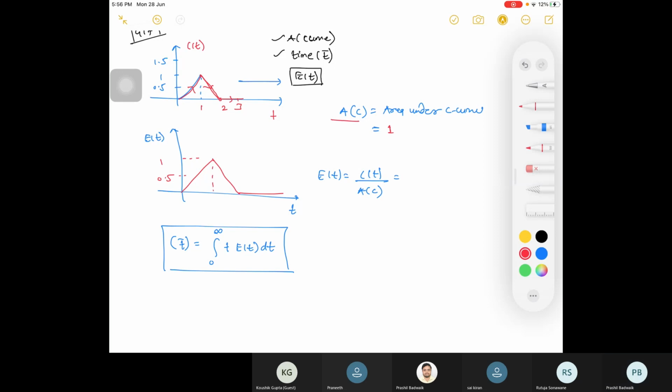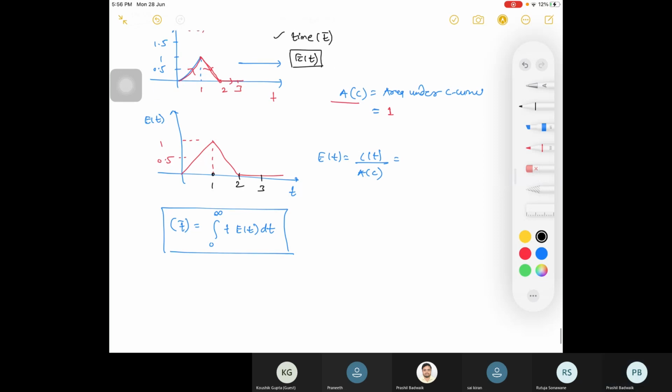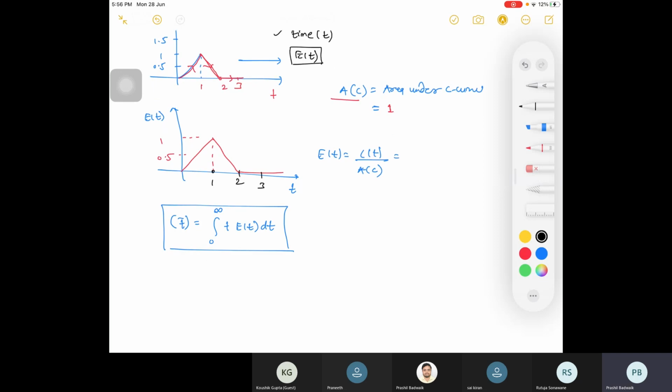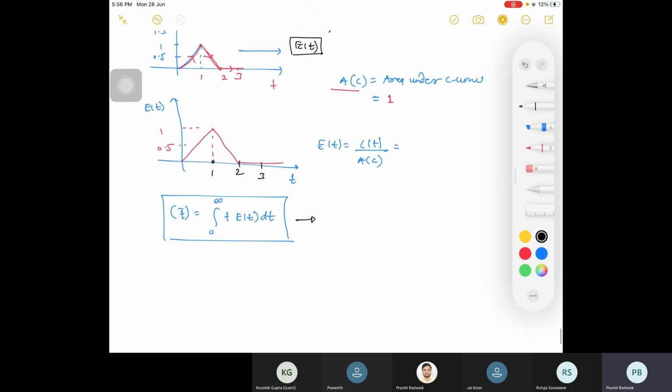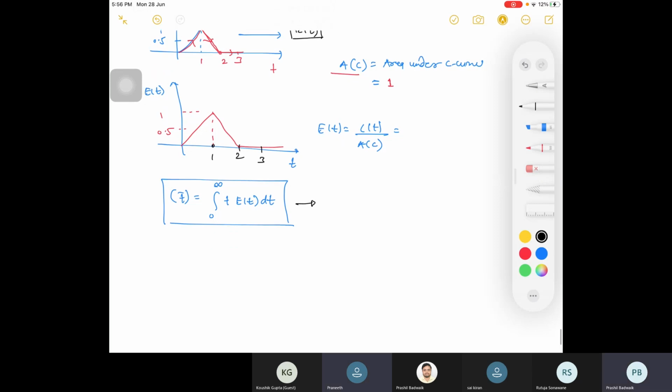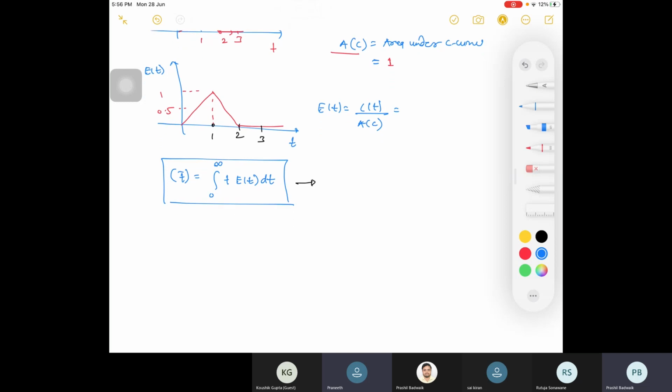Now please calculate your T mean. How can you calculate? You need to do this. We need to divide it into parts, like 0 to 1 equation and 1 to 2 equation. So first you will be having 0 to 1, right?